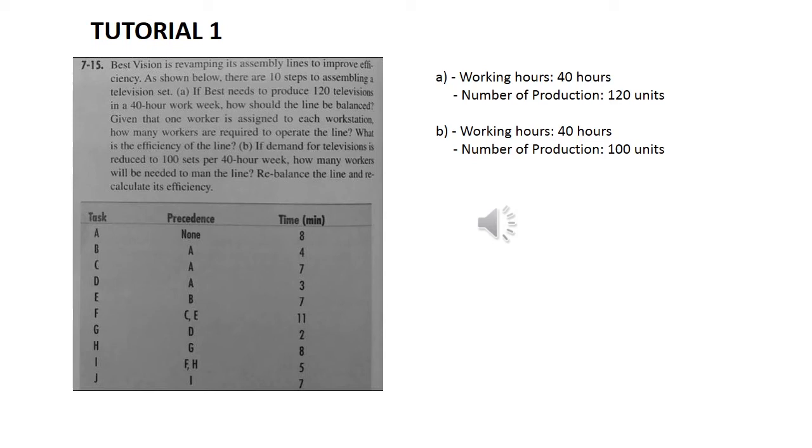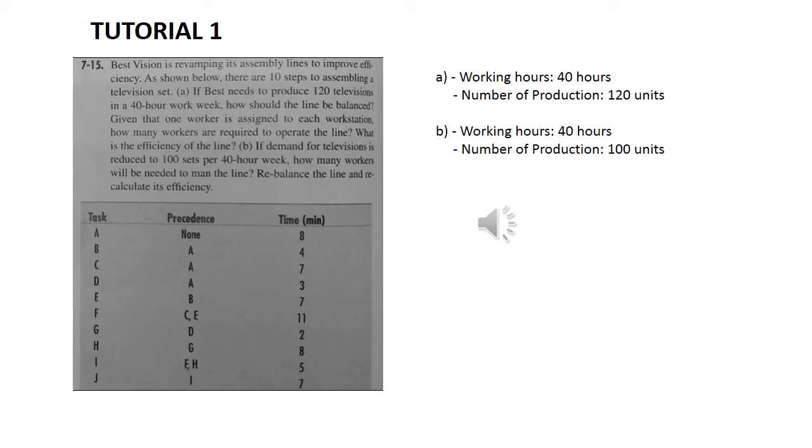Given that one worker is assigned to each workstation, how many workers are required to operate the line? What is the efficiency of the line? B. If demand for televisions is reduced to 100 sets per 40-hour week, how many workers will be needed to man the line, rebalance the line, and recalculate the efficiency?